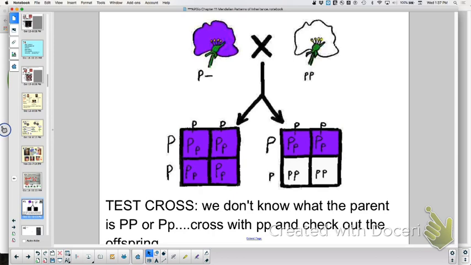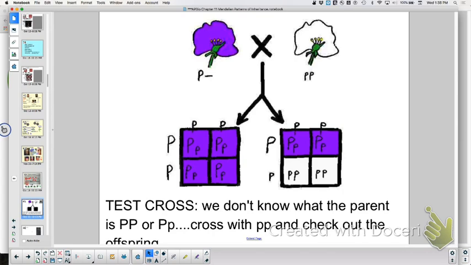Okay, so on your notes, let's look at your notes. I have no idea where you are in your notes, so you might need to help me a little bit. Are we on 11.2, law of dominance? Okay, law of dominance: one trait or factor can be dominant over another. For example, tall plants are dominant over short plants. Law of segregation, we didn't go over that? Okay, let me go back and do law of segregation, but I want to do test cross first, because that's what we were just talking about.